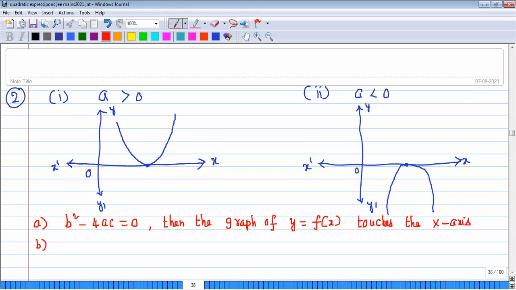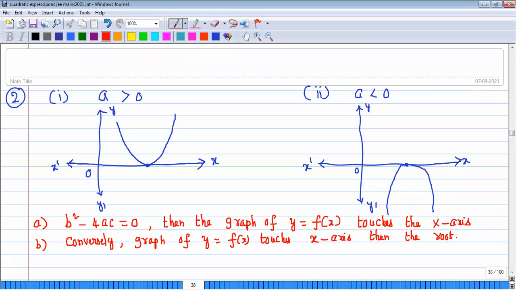And point B. Conversely, graph of y is equal to f of x touches x-axis, then the roots of the corresponding equation, that is f of x is equal to 0, are real and equal.